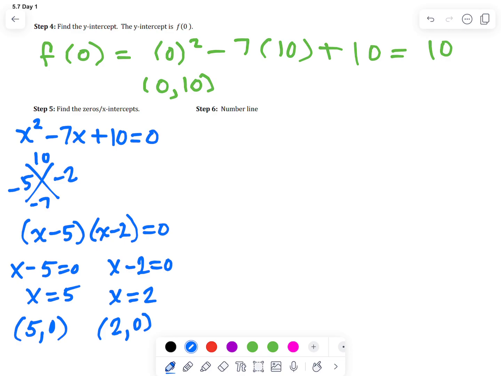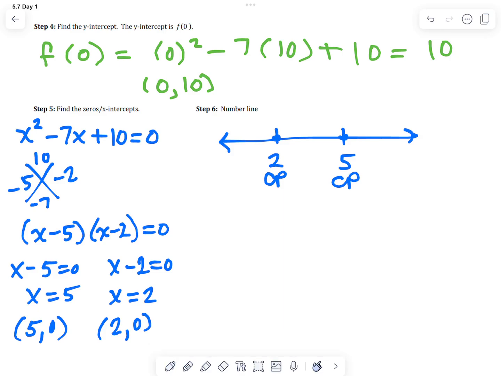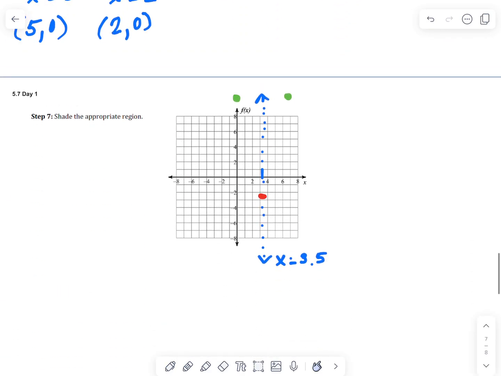So when we create our number line, those will be our critical points, 2 and 5. Now I'm going to go ahead and graph those points. And now we have our 5 points.